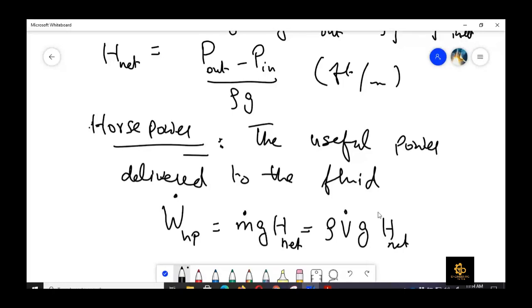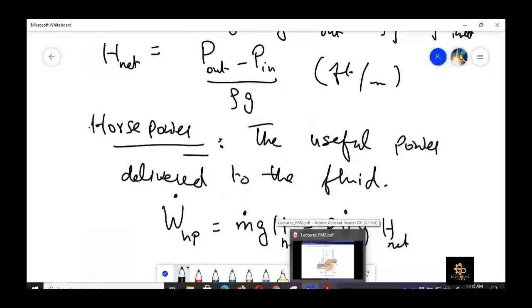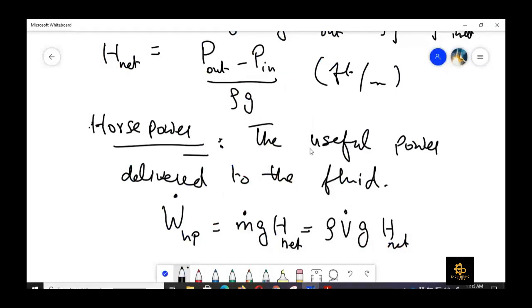Now, could this power be equal to the power applied by the motor? If you think about it, the power coming from the motor would be greater than the actual power delivered to the fluid, because due to the rotating parts there would be some losses inside the shaft and rotor, losses due to friction.